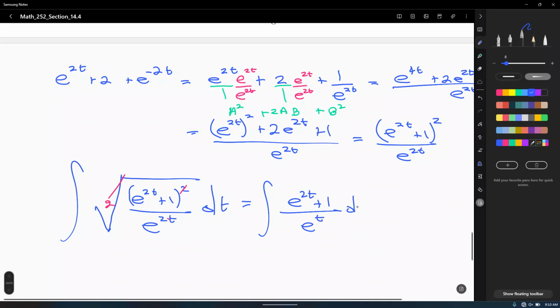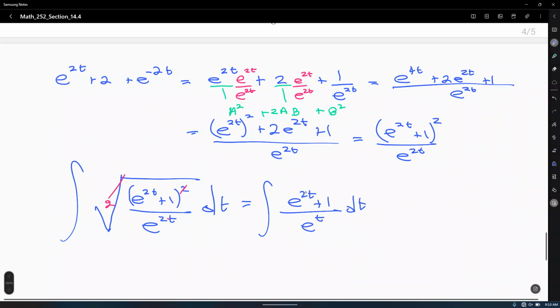Using laws of exponents, e to the 2t divided by e to the t leaves us with the integral of e to the t, and 1 over e to the t is simply e to the negative t. Isn't that the same integral we got at the end?